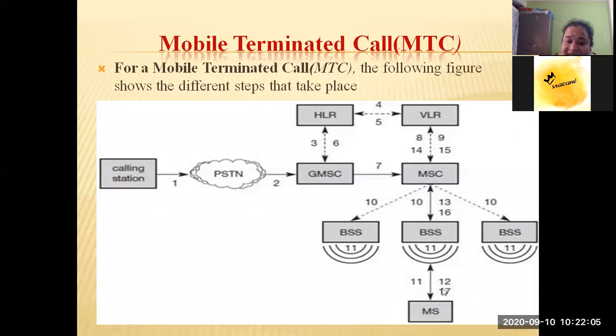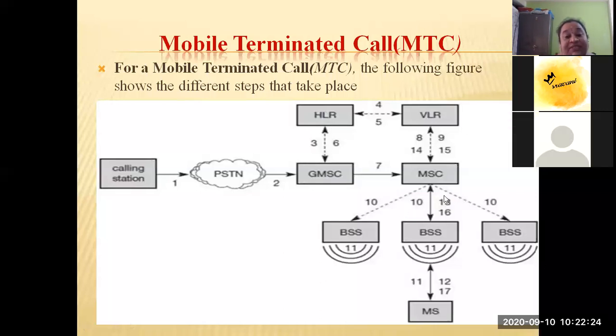This mobile station is again connected with its own BSS, that is, this mobile station is present in this area of base substation. This base substation has to communicate with the mobile switching center using the base transceiver system, and from the base transceiver system, it has to connect to the base station controller.